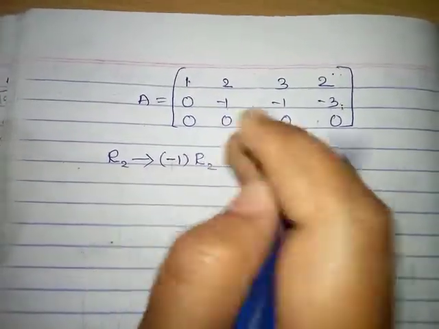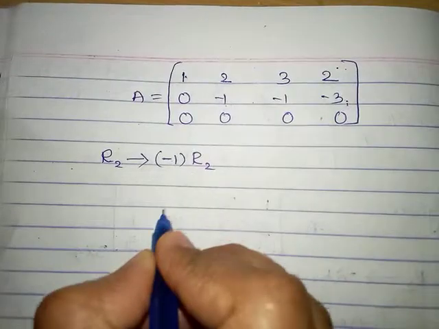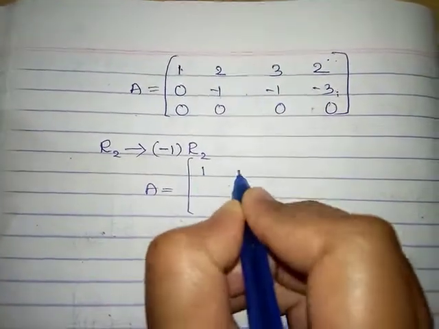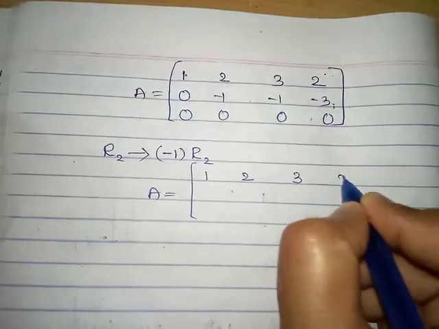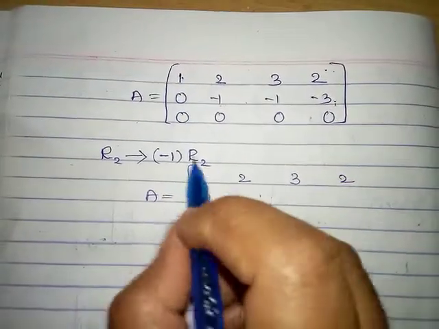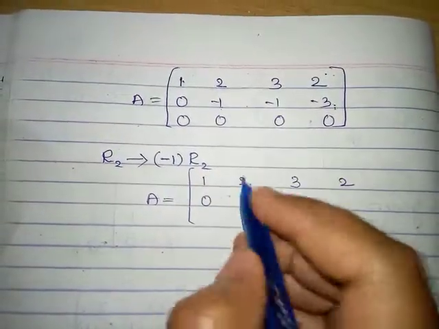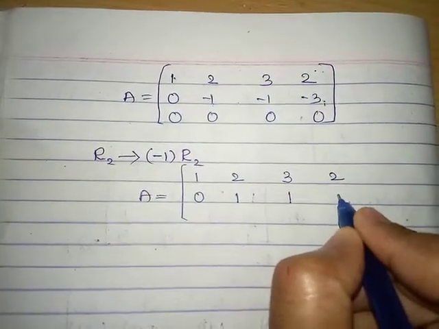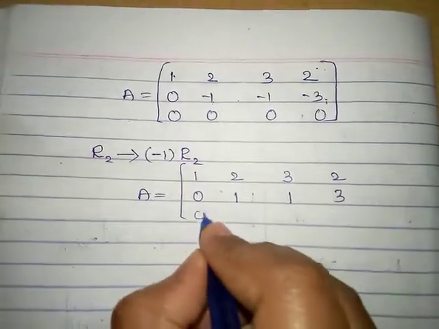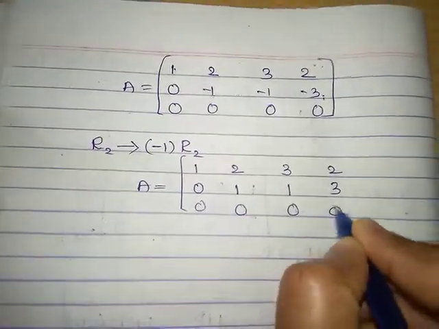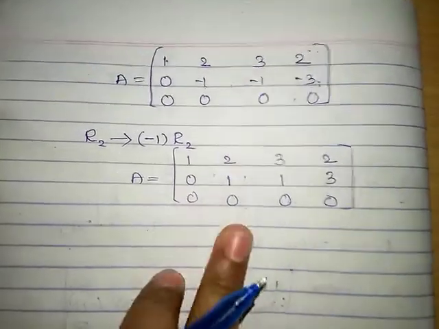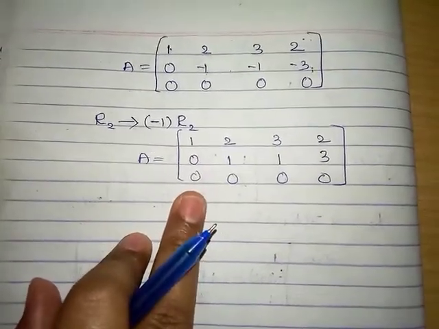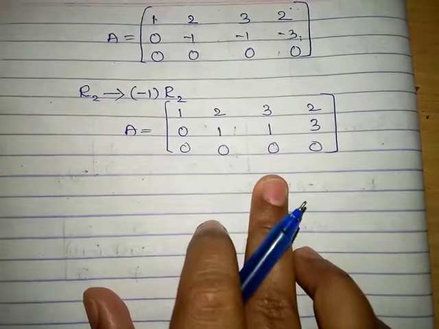I will multiply minus 1 to this R2. It will be A is equal to 1, 2, 3, 2, 0. When you multiply minus 1, minus into minus is plus, minus into minus is plus, minus into minus is plus. This is 0. See, now this matrix is in echelon form.